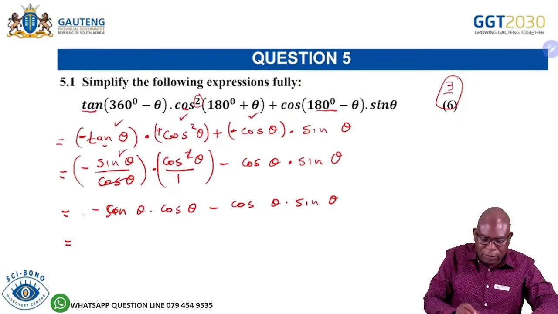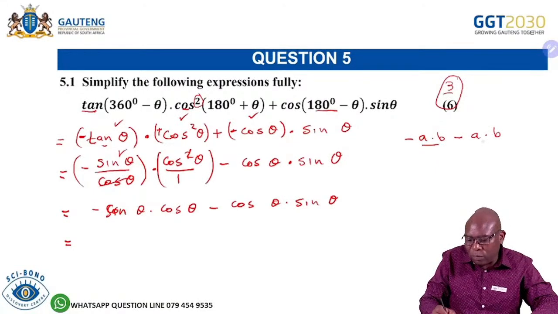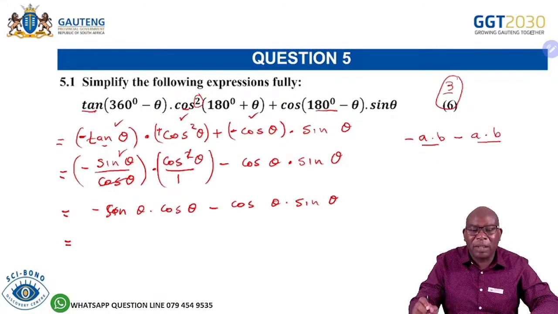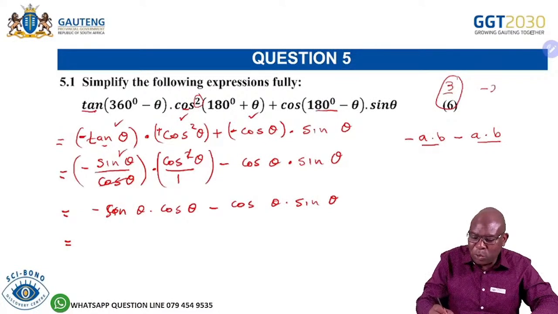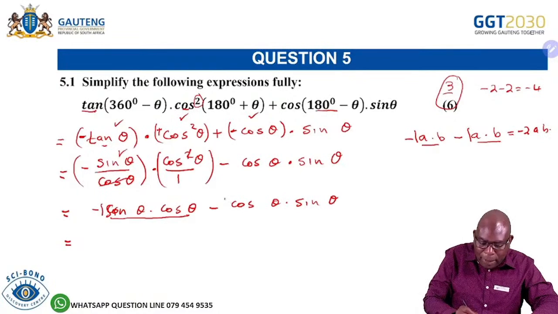So negative, it's like having negative a times b minus a times b. So I've got 2 of the same, and they're subtracting. So if I've got minus 2 and minus 2, I'll get a minus 4. So if I've got minus 1 of them and minus 1 of them, I'll get minus 2 of them.